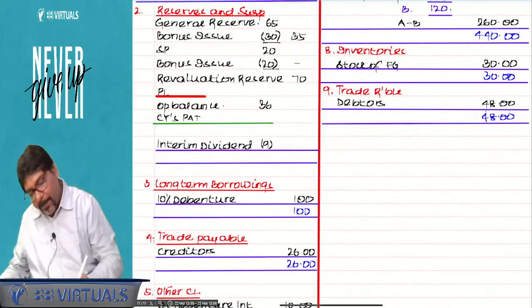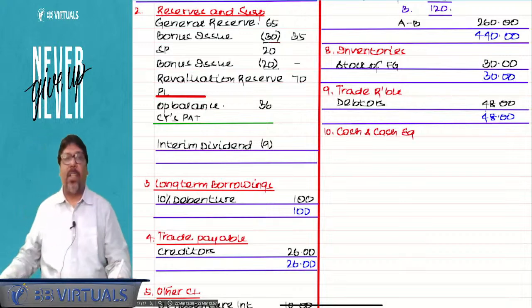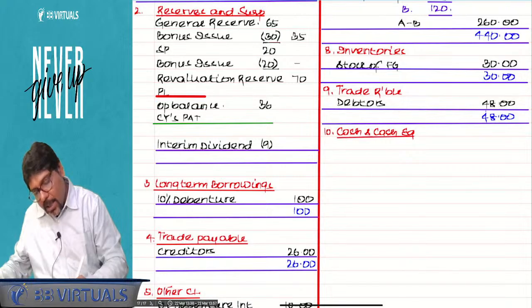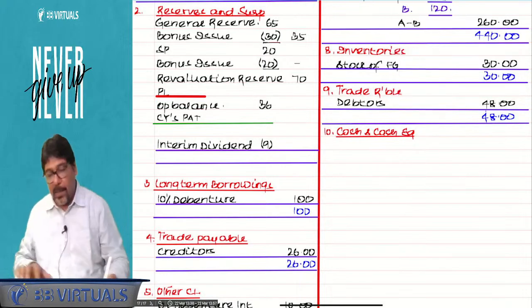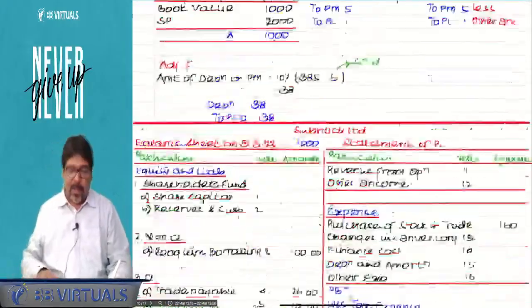Then cash and cash equivalent. Number 10. Cash and cash equivalent, chartered, that is cash and bank. That is cash at bank. Cash at bank is how much? 10 rupees.